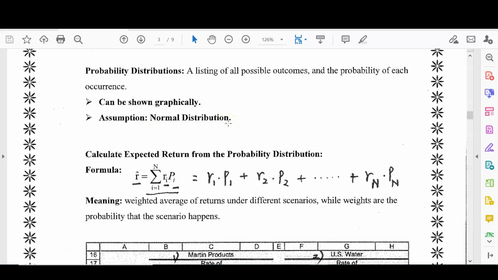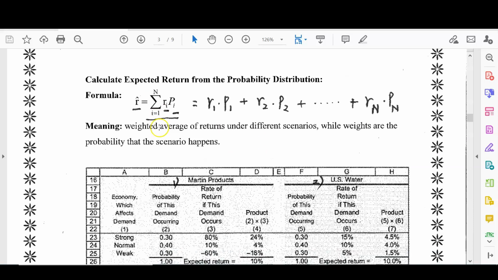Okay, so if we have a list of a lot of different outcomes, and for each outcome we have a probability, that's called a probability distribution, and we say it's a normal distribution. And the formula to calculate expected return in such a case would be that the expected return R hat equals all the rates of return in each occurrence multiplied by all the probabilities for each occurrence.